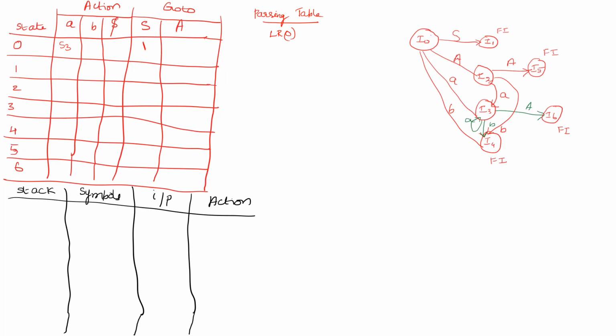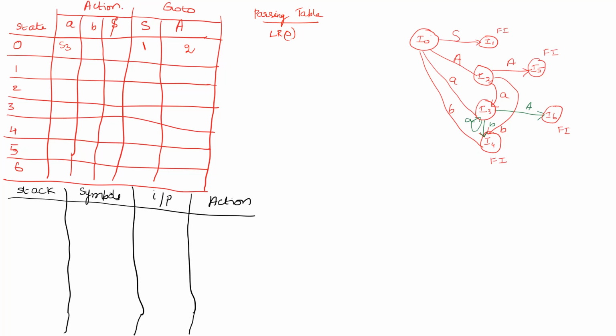And I0 on capital A, the transition state is I2, so you just name it as 2. And I0 on small a is I3, so we write that as S3.